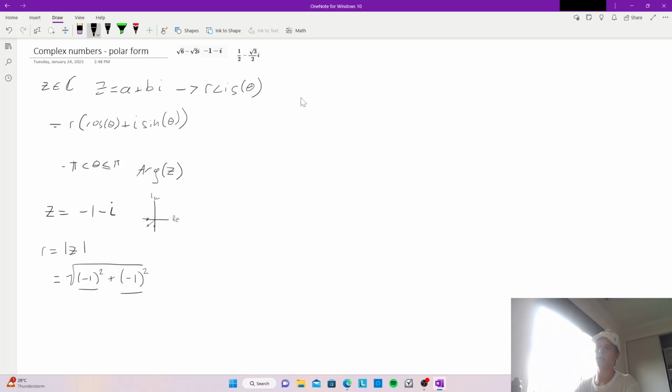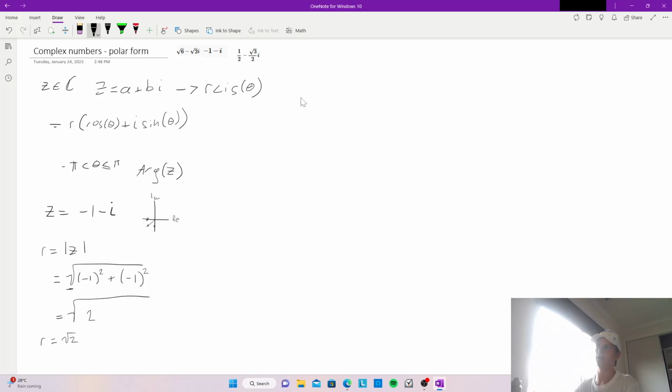You grab your first value, square it, plus your second value, which is negative 1, and square it. That's how you find r. You can simplify it: 1 plus 1 is equal to 2, so our r is equal to square root 2.